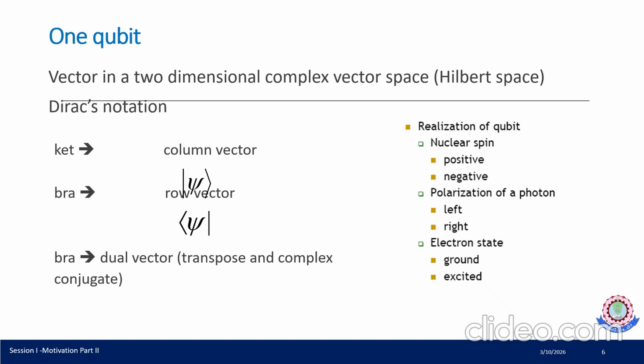This is Dirac notation, where a column vector is called a ket and a row vector is called a bra. The dual vector, which represents the transpose and complex conjugate, is also represented as a bra. Realizations of qubits: a nuclear spin, which is positive or negative; a polarization of a photon, which represents left and right; an electronic state, which reflects the ground or excited level.